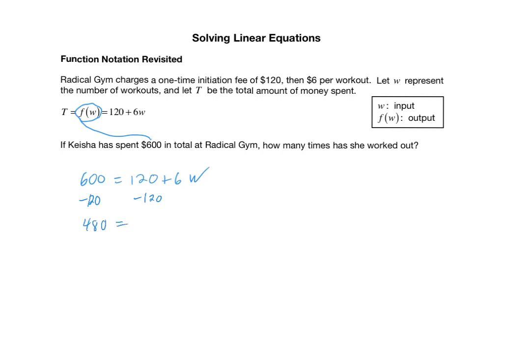And when you subtract 120 from 120 plus 6W, you end up with just the 6W. Now to undo the multiplication by 6, we want to divide both sides by 6. And we get 80 equals W. This means that if Keisha has spent $600 in total, she has worked out a total of 80 times.